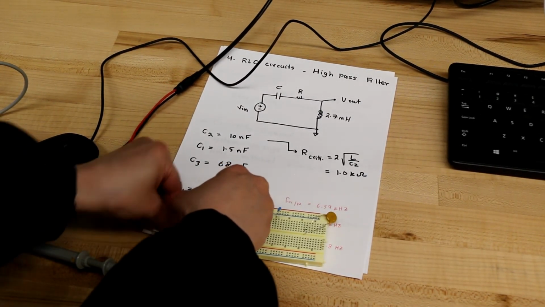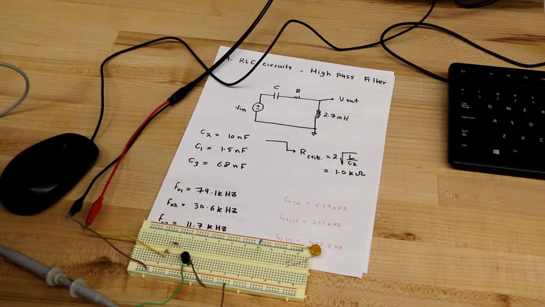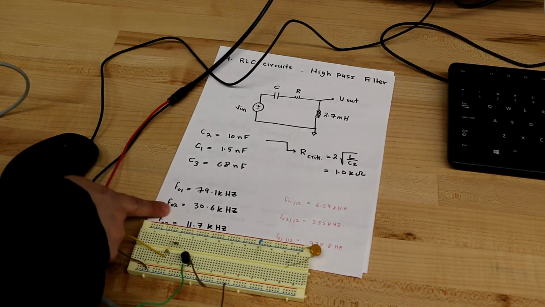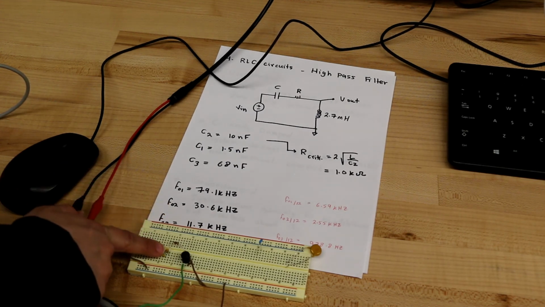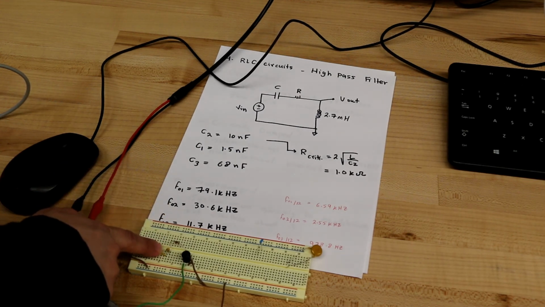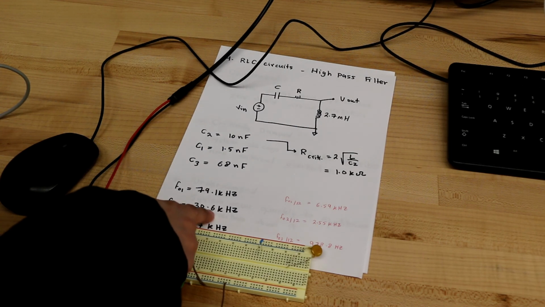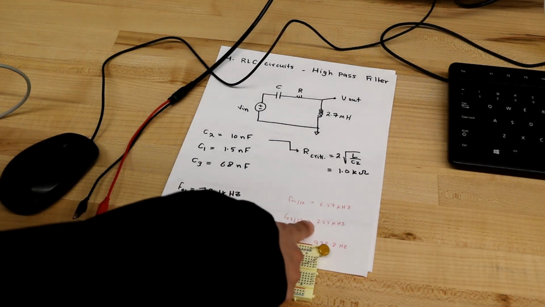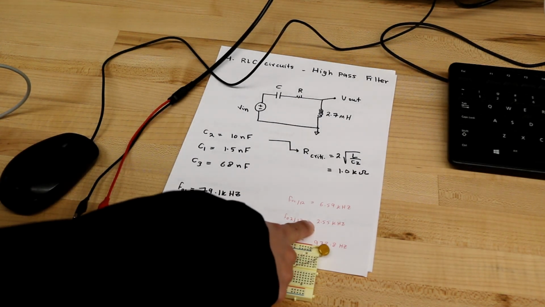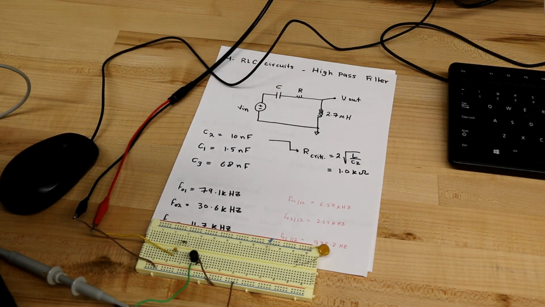Since I'm using a different capacitor, there will be a different resonant frequency. So for the 10 nanofarads and the 2.7 millihenry, I have 30.6 kilohertz. And to set up the function generator, I need to divide this by 12. So I'll set up the function generator to 2.55 kilohertz.